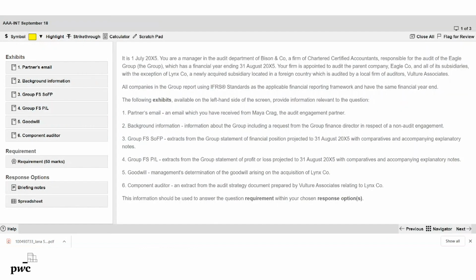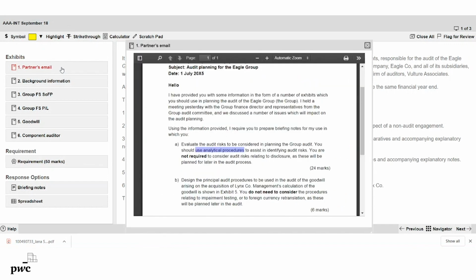The second option, how the figures may be presented, is the one which is, for example, to be seen in September 18 question number 1. In this question, we were asked to evaluate audit risks using analytical procedures. For these purposes, you were given quite huge extracts from both the statement of financial position and P&L account.